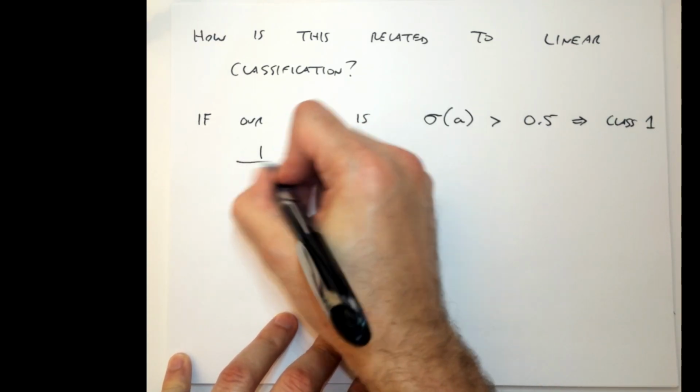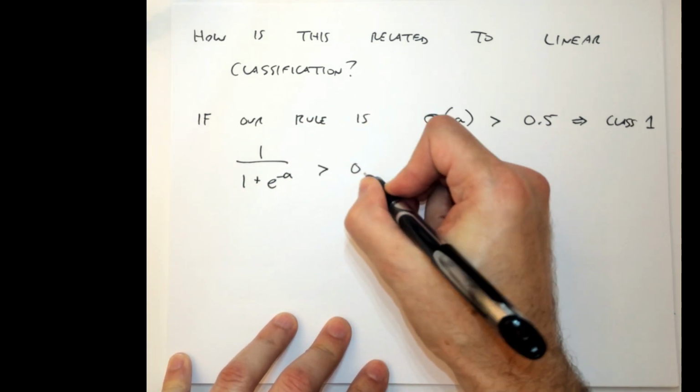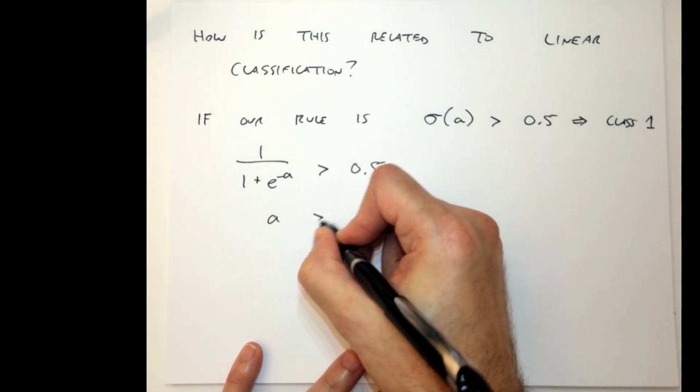That's the same thing, just rewriting, as 1 plus e to the minus a being less than 2, which is the same as saying a is greater than 0.